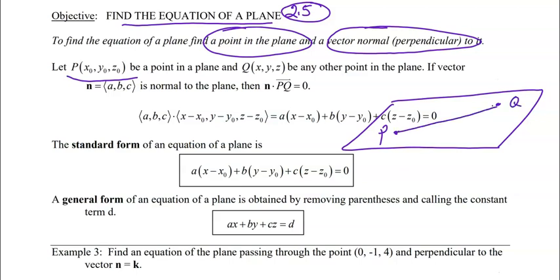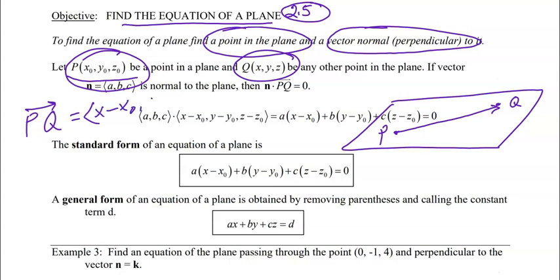If I draw a vector there, the PQ vector, P is (x0, y0, z0) and Q is a point (x, y, z). If I write down the PQ vector, that's going to be (x minus x0, y minus y0, z minus z0). So that is the PQ vector, right?